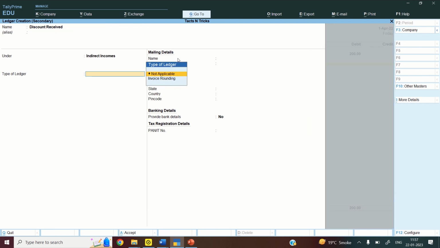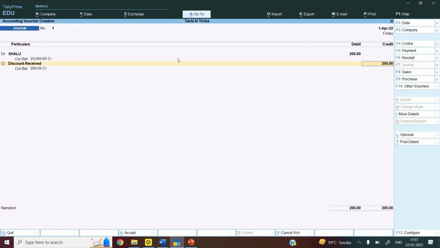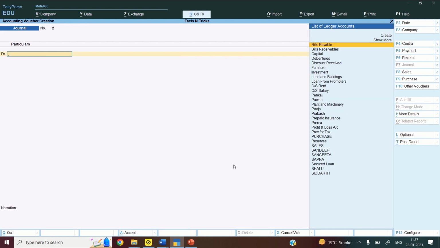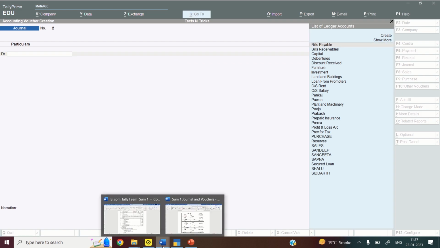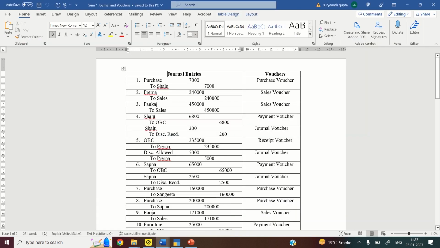So please do remember the group as well. Control plus A. Okay, so the fourth transaction, I hope it is clear to all, and I will show you the journal entries as well. Fourth adjustment we have done: Shalu to OBC in the payment voucher and Shalu to discount received in the journal voucher.